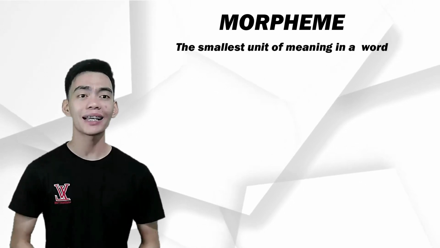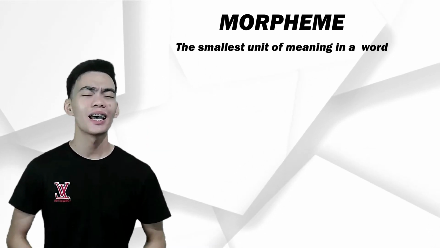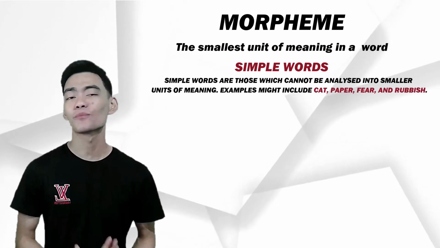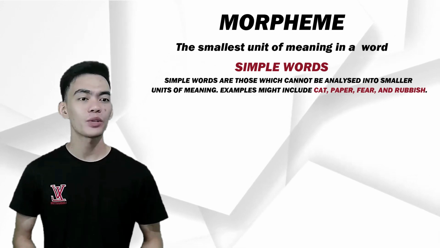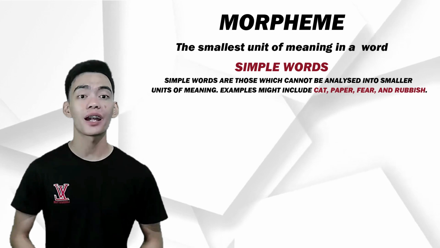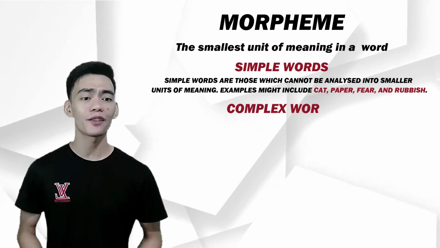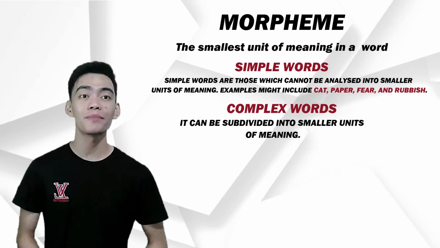A word can be classified into two: simple words or complex words. Simple words are those which cannot be analyzed into smaller units of meaning. For example, we have the words cat, paper, fear, and rubbish. Complex words, on the other hand, can be subdivided into smaller units of meaning.